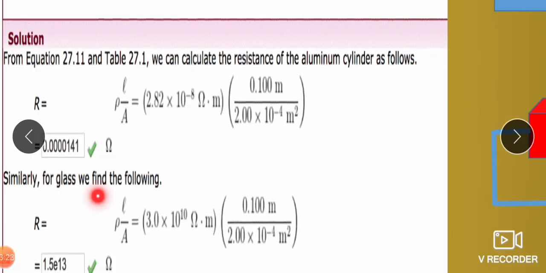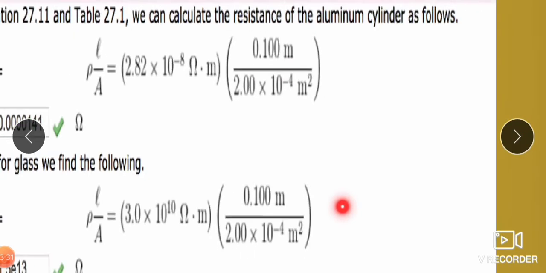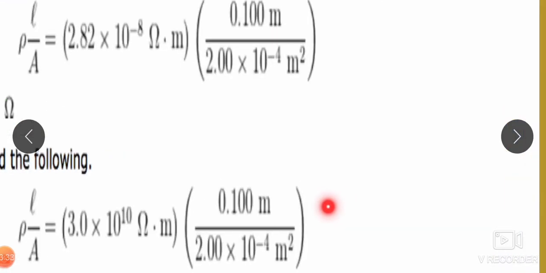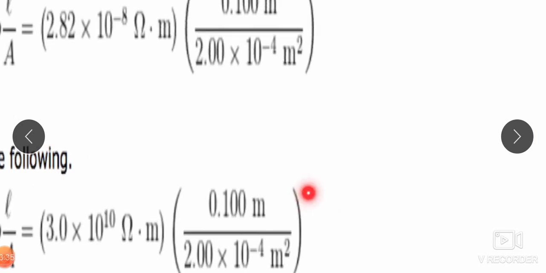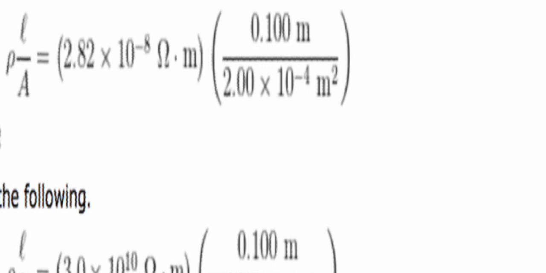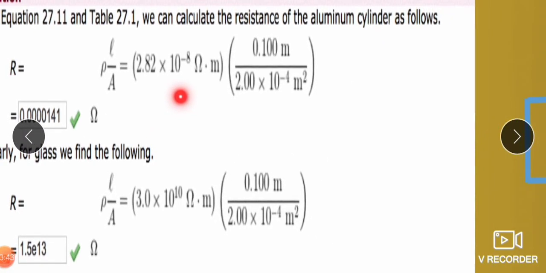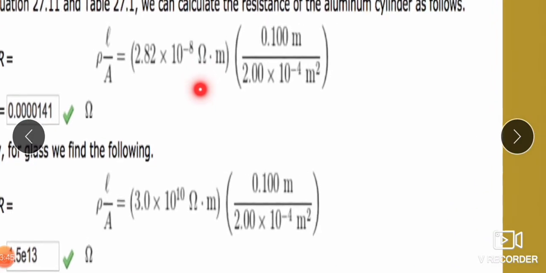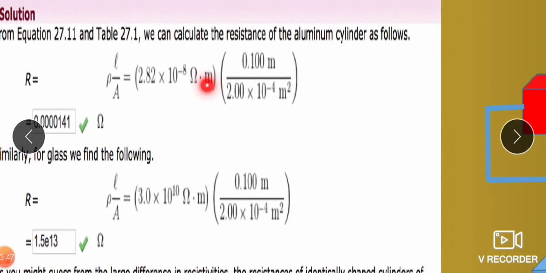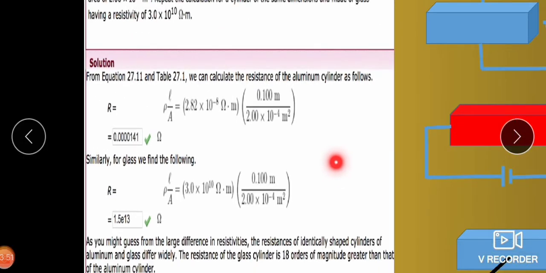For the glass cylinder, as specific resistance is different for a given material, it is 3 into 10 raised to 10 ohm meter, and hence we get the answer as 1.5 into 10 raised to minus 13 ohm. This problem was very simple. We can use the formula directly. Now let us discuss the challenging one.